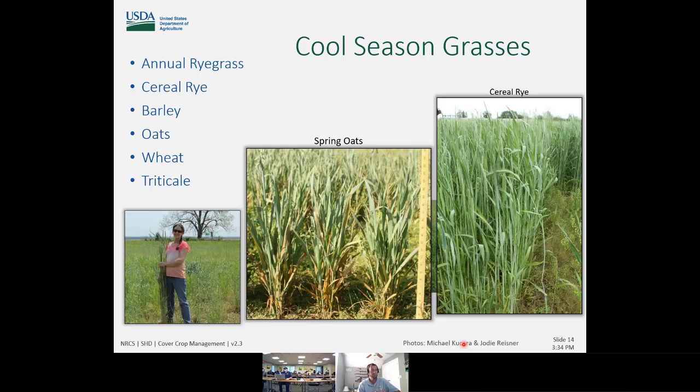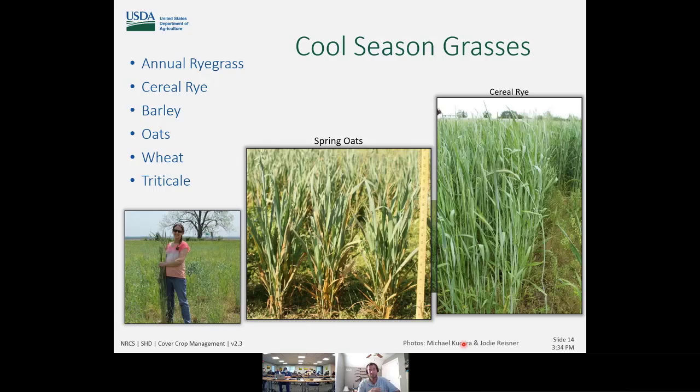Is this a conventional producer that is used to planting in a clean seed bed, or is this producer no-till and has several years under their belt of planting into some type of residue? Because the difference between cereal rye the second week of April and barley the second week of April is a huge difference, usually several feet difference in biomass that is achieved.